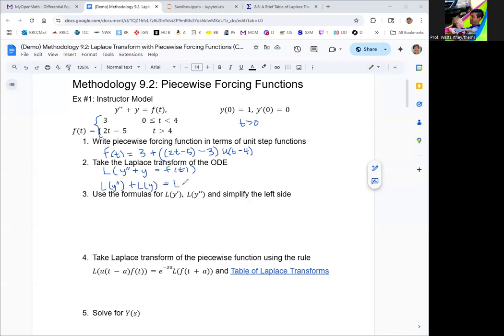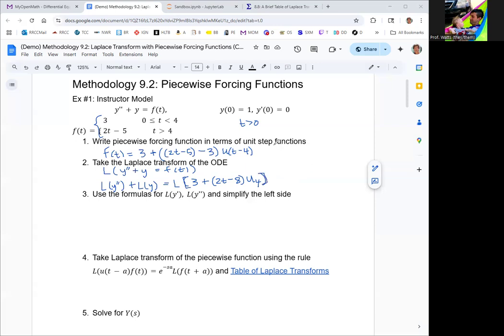And then here, we're going to have the Laplace transform of the result from step 1. And so we can do that simplified version here. And you can also use the subscript notation for these unit step functions if you prefer. So the Laplace transform is being applied to that whole thing.